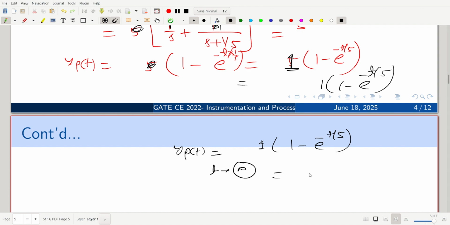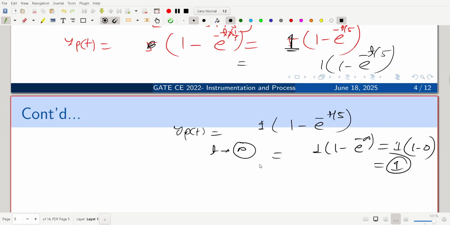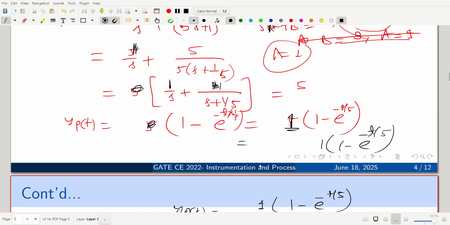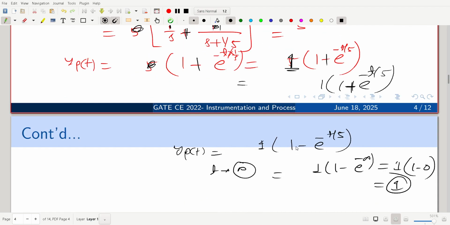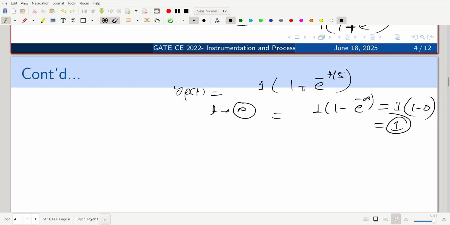So what is the answer actually? 1 minus 1 times infinity minus infinity will be 0, right? So we'll get one as the answer. But if you apply the initial value theorem, then t tends to 0, right? Actually, here this is a positive, right? You can see a plus. So the answer here is plus. Not minus, here is a plus actually.